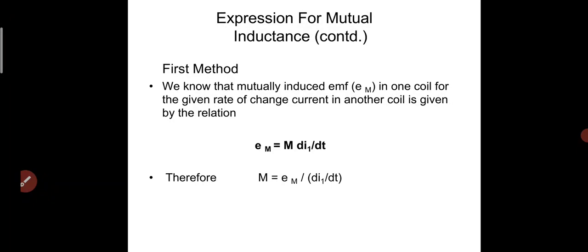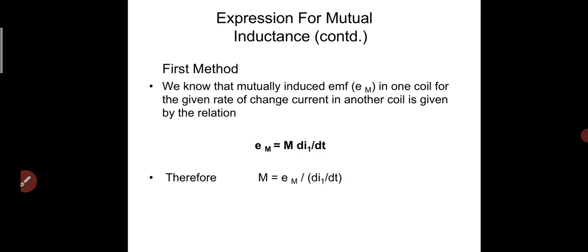The definition of mutual inductance: the ability of one coil to induce an EMF in itself due to a change in current in another coil is known as mutual inductance. It is denoted by the letter M and is measured in Henry.